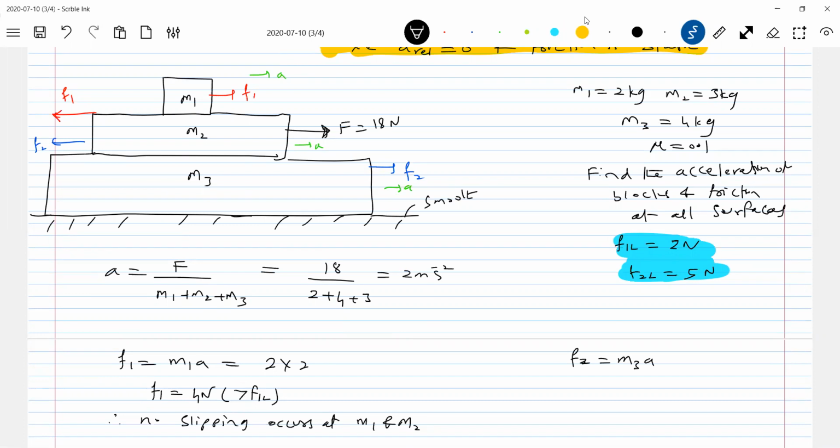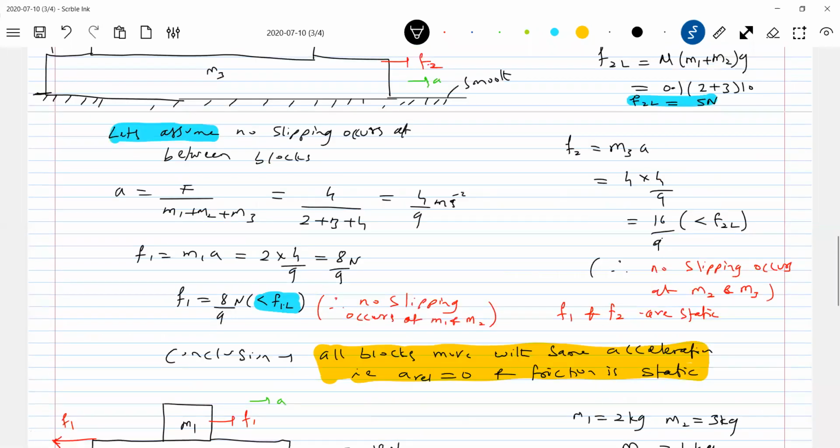So what is the conclusion? What are you going to make of it? Slipping occurs at m1, m2. Therefore, next F2 equal to m3 into a. m3 is 4 kg, no?